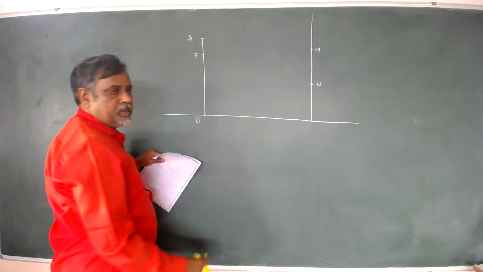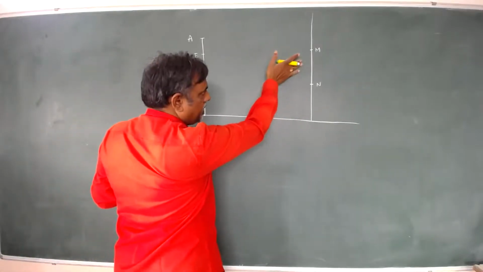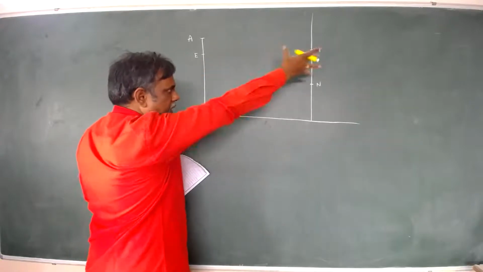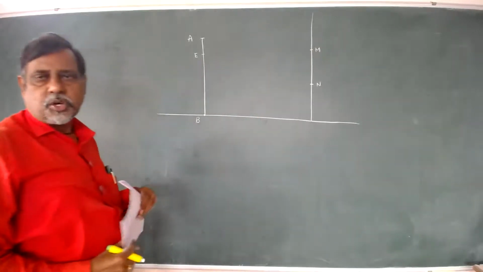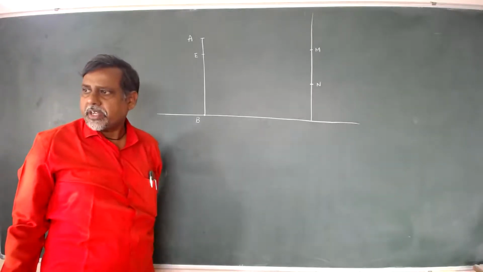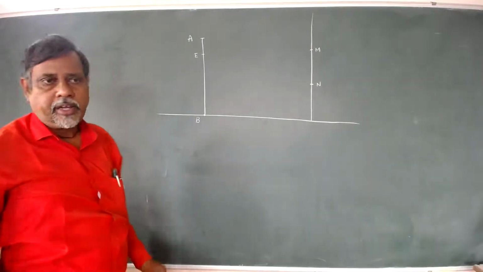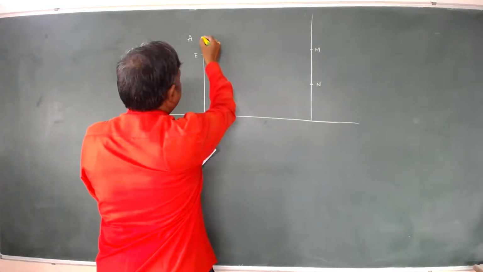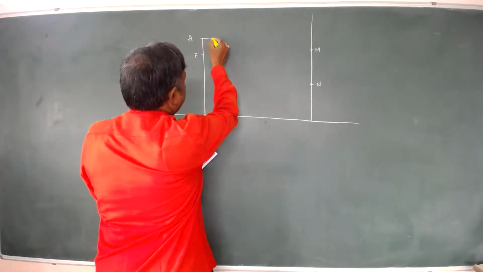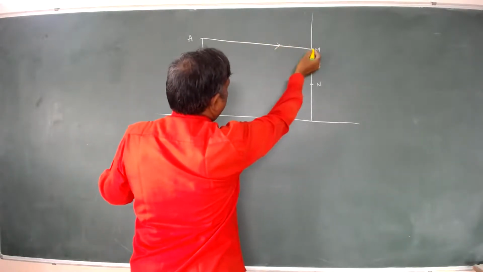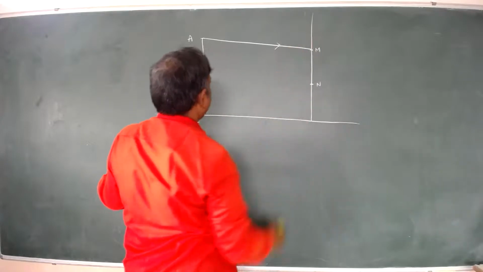Right? Now, the minimum size of the mirror so that the person can see the complete image of himself in the mirror, this is what the question is. If the person wants to see his top, the light ray has to pass like this and touch the mirror at M, the extreme top end.